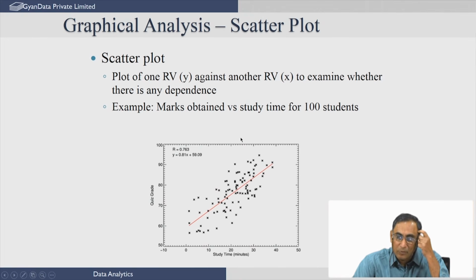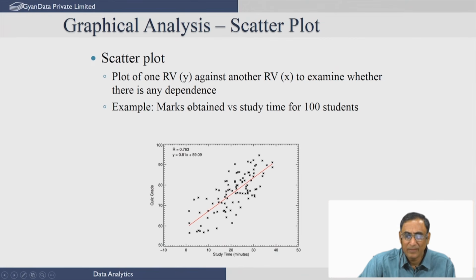Now the last kind of plot which is useful in data analysis is what is called the scatter plot. The scatter plot plots one random variable against another. So if you have two random variables, let us say y and x, and I want to know whether there is any relationship between y and x, then one way of visually verifying this dependency or interdependency is to plot y versus x.